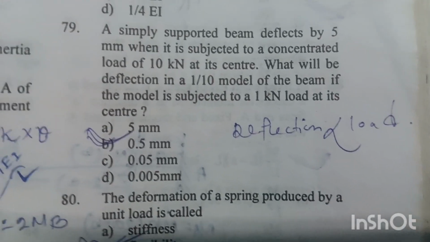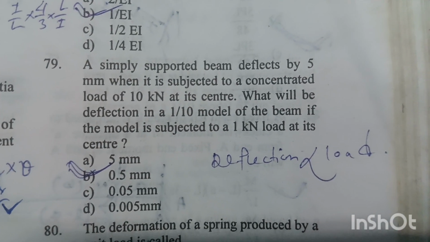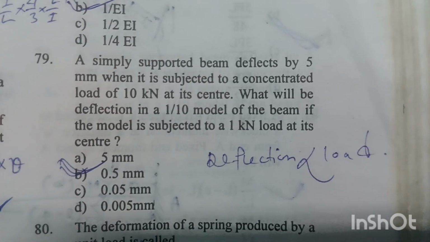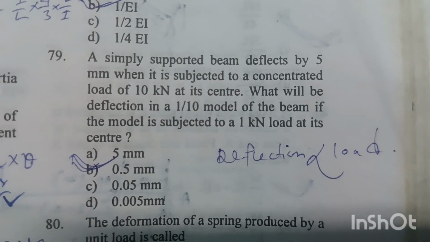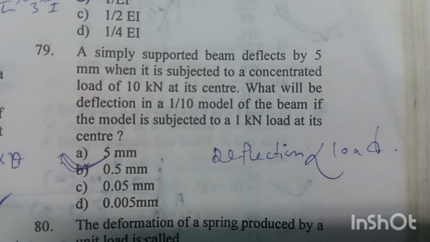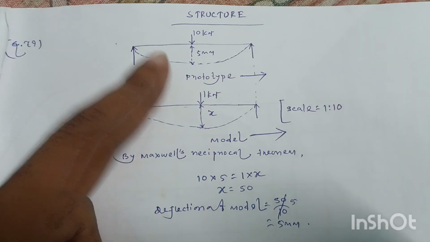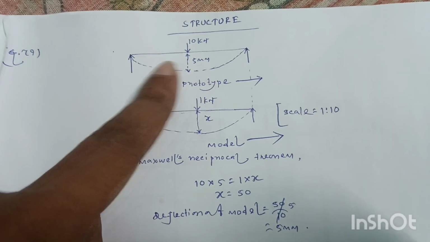Question number 79. A simply supported beam deflects by 5 mm when it is subjected to a concentrated load of 10 kN at its center. Then what will be the deflection in a 1 by 10 model of the beam if the model is subjected to a 1 kN load at its center? So as per the question, this is the prototype simply supported beam.